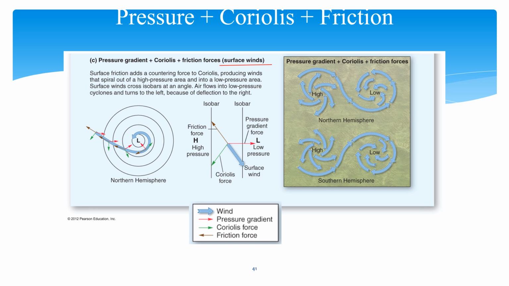We have air coming in from all directions towards the center of a surface low. When that air comes in, being slowed by friction, combined with the Coriolis force and the directions that they are heading in towards the center, it is going to be deflected to the point where it will spiral in a counterclockwise direction.